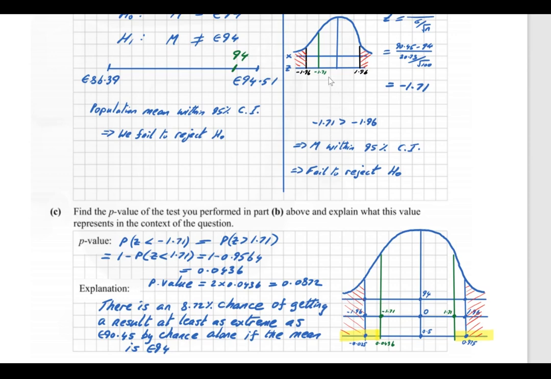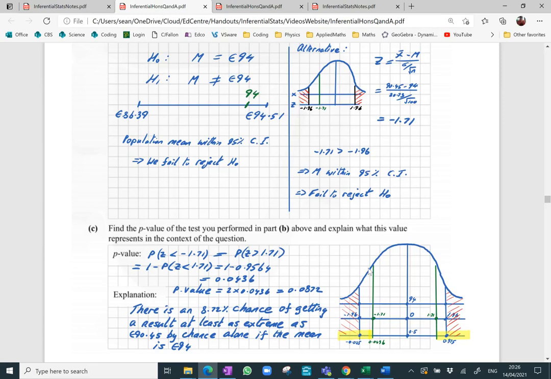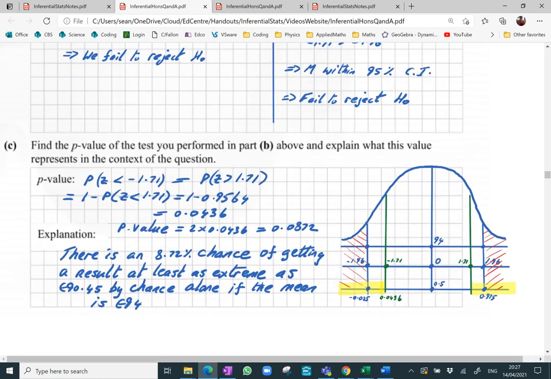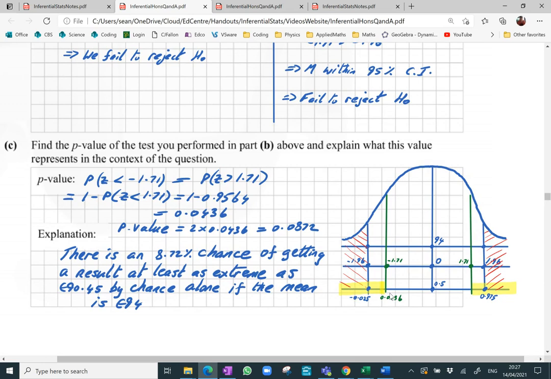So again, as we've seen here, we have a z value. So minus 1.71 is the z value. Now, if you go to your tables and work out the corresponding probability of being below that number in your tables, the probability turns out to be 0.0436. So in other words, there's a 4.36% chance of being below that z value.